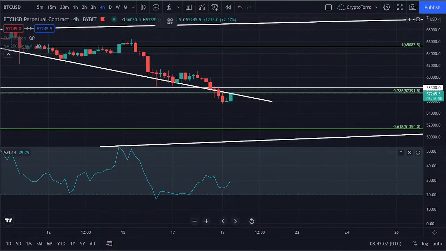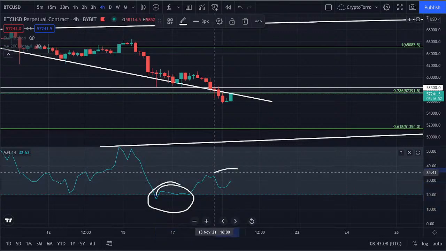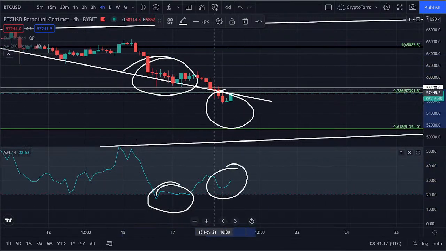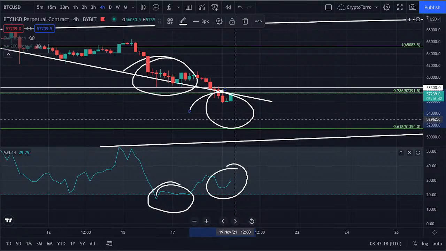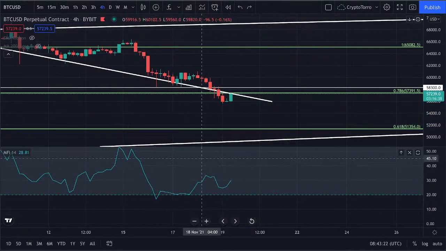You can clearly see something I think is absolutely important. At this point in time, we were creating a higher high on the money flow, but we were also seeing a lower low on the chart. This higher high on the money flow and lower low on the chart is clearly showing us that we are seeing a bullish divergence on the money flow index.